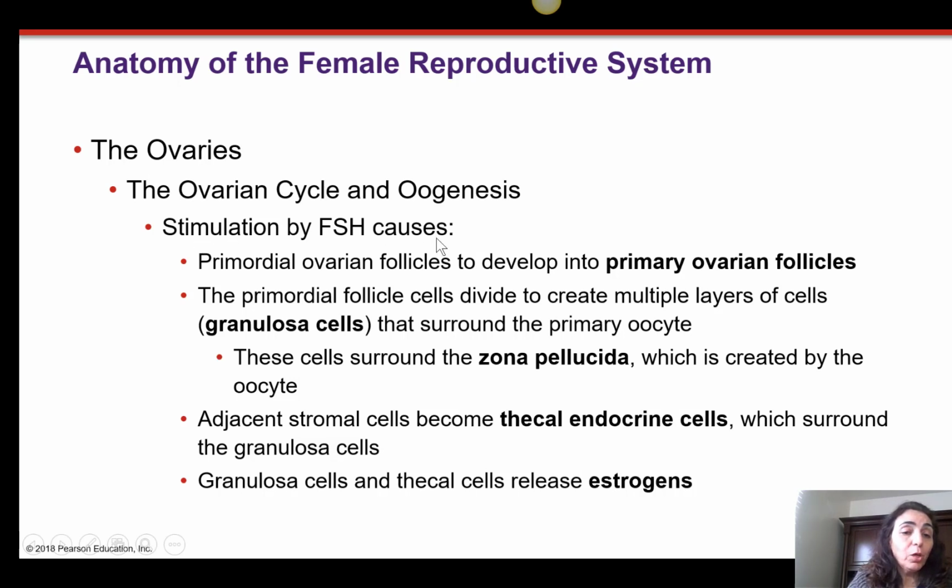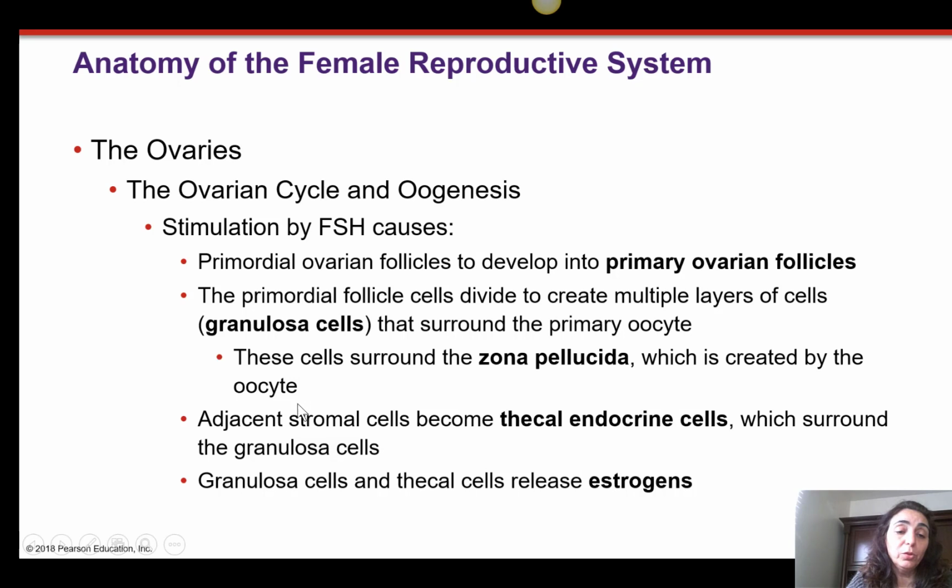Now, stimulation by FSH causes the primordial ovarian follicle to develop into the primary ovarian follicle, that as I just showed you, makes the granulosa cells. The primordial follicle cells divide to create multiple layers of cells that we call granulosa cells, which surround the primary oocyte that is now continuing meiosis 1, and these cells surround the zona pellucida, which is created by the oocyte.